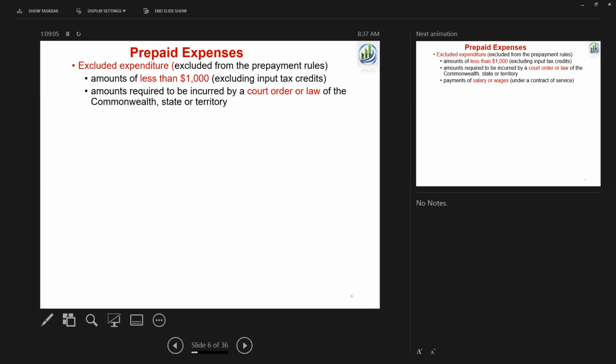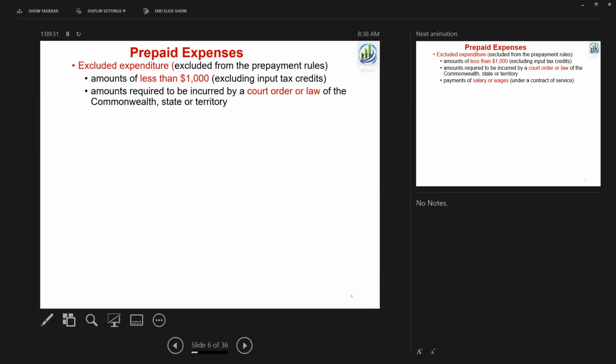Some of the levies you pay under the Commonwealth in advance will be deductible. Regardless of the amount, if you paid to satisfy territory, state, local government or federal government legislative requirements, your expense is fully deductible. That's called excluded expenditure.